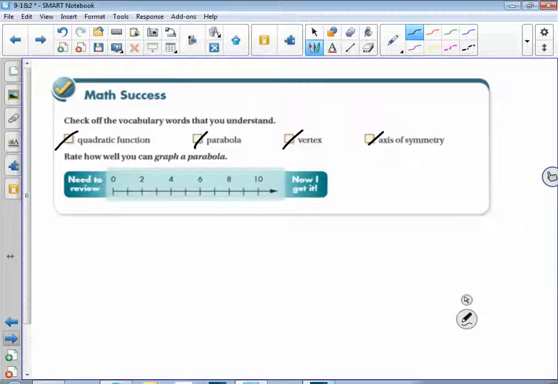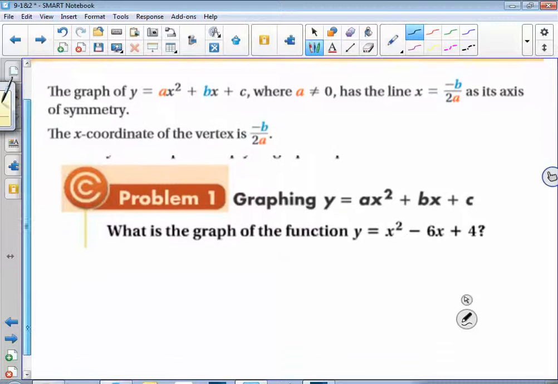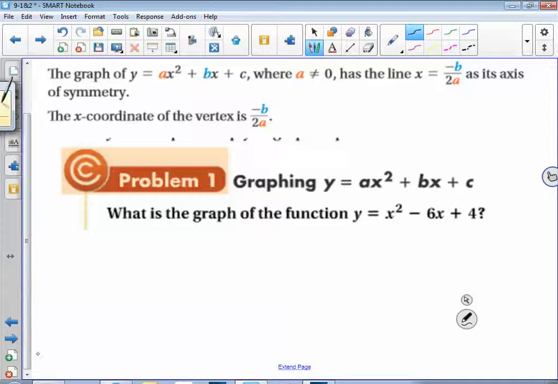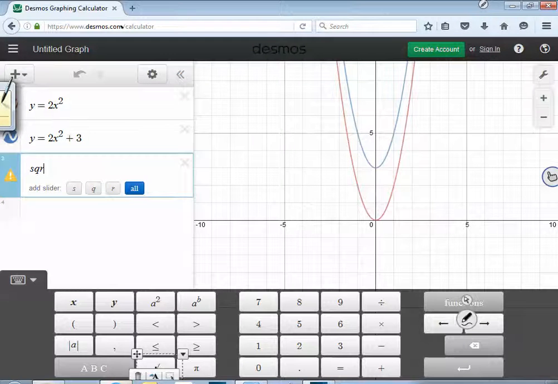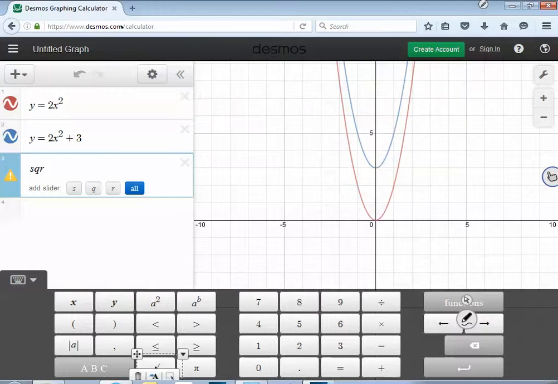All right. So what I want to do is keep going. I want to take a look at the next section, which is looking at ax squared plus bx plus c. And this here, your graph. This is what is the graph of the function y equals x squared minus 6x plus 4. Well, I can plug this into decimals real easy. So I'm going to go ahead and clear this out and put in what we wanted to put in.